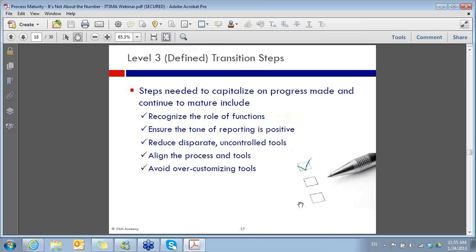So those are the types of things that we have to think about with level 3 maturity, because now we have to start to, again, turn outside of our organization. We have to start to look at our functions. The service desk, for example, a lot of times we think of them as being very involved in incident management.